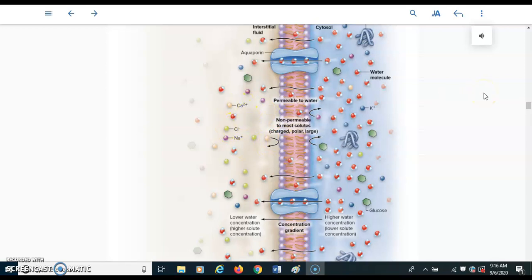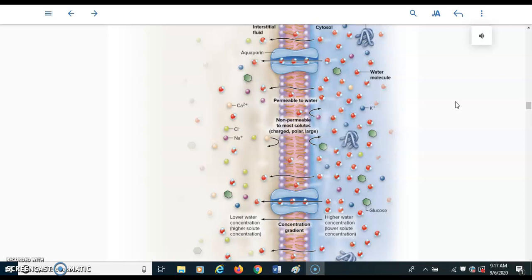That's the key to understanding osmosis: the water moves to get equal amounts or numbers of solutes on either side of the membrane. The goal is not to get equal amounts of water on either side.